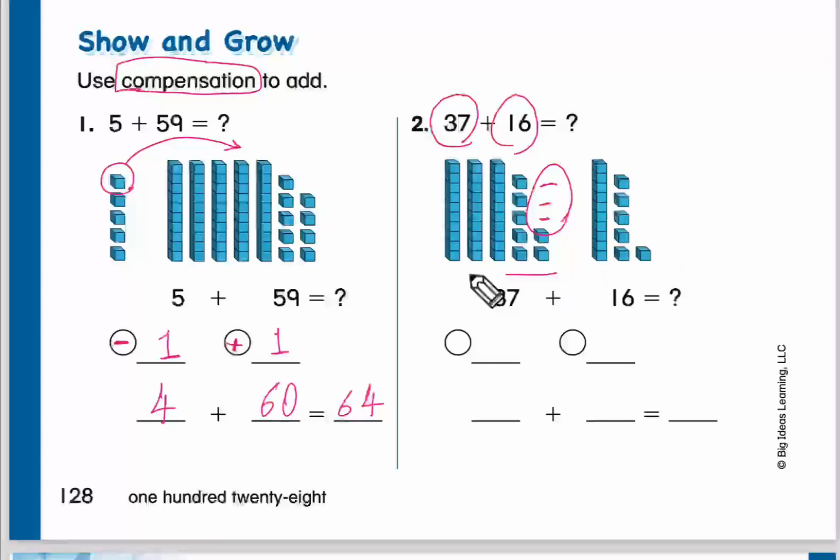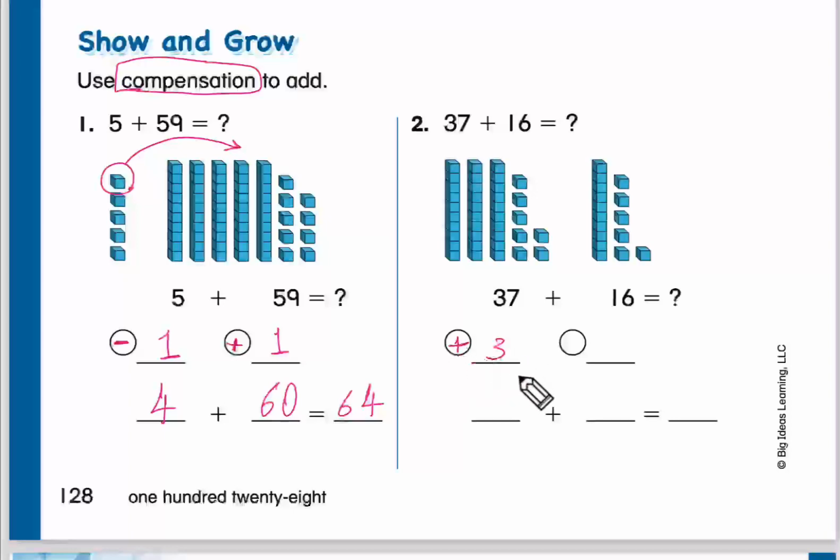So it's better to make this a decade number. So make 37, make it 40. So we need 3, so we add here 3.